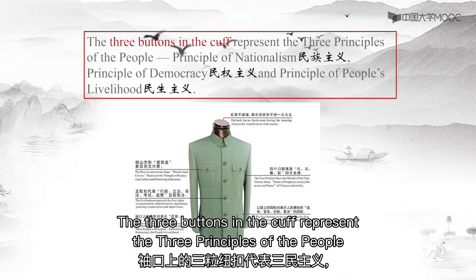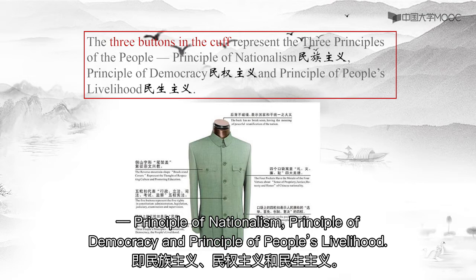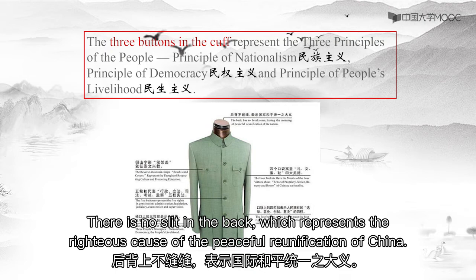The 3 buttons in the cuff represent the 3 principles of the people: principle of nationalism, principle of democracy, and principle of people's livelihood. There is no slit in the back, which represents the righteous cause of the peaceful reunification of China.